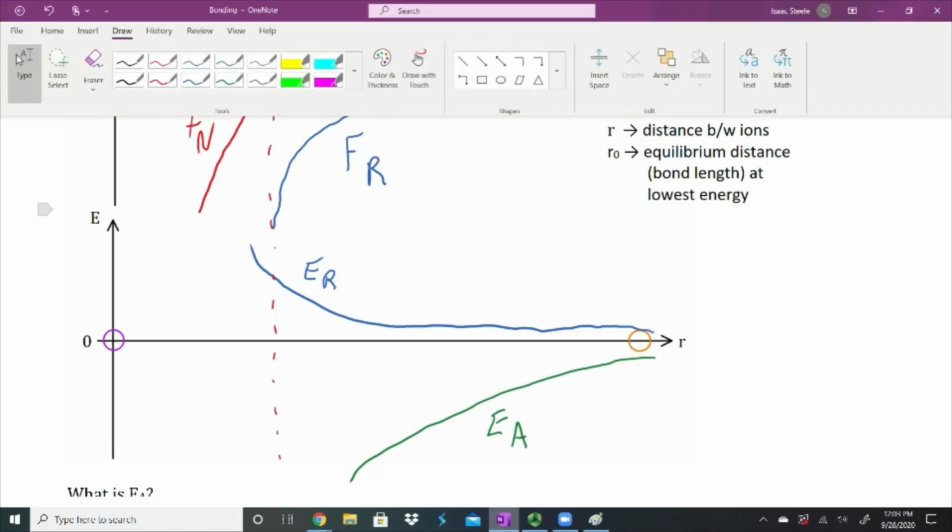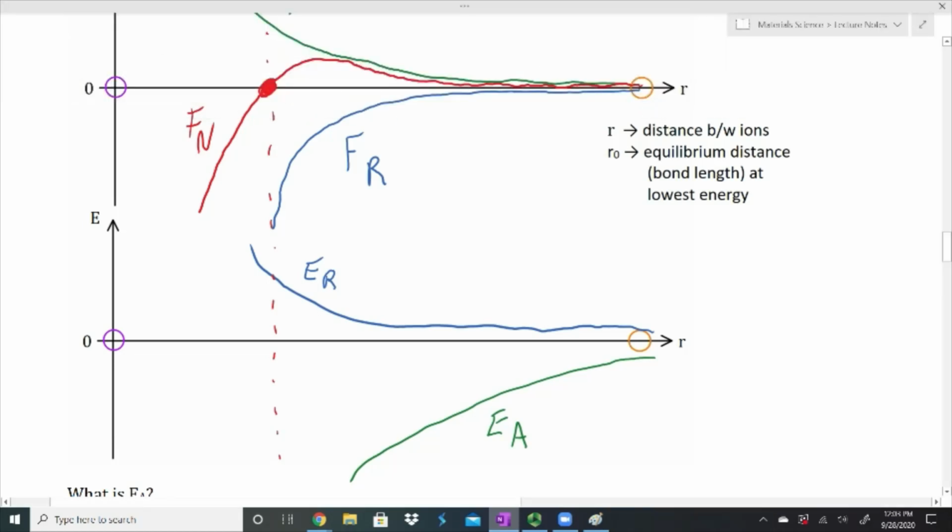And in this case, let's see if I can do this correctly, make it look as accurate as possible. I'm going to end up with something like that. And this is my net energy. And this hopefully makes sense if we take a look at it.